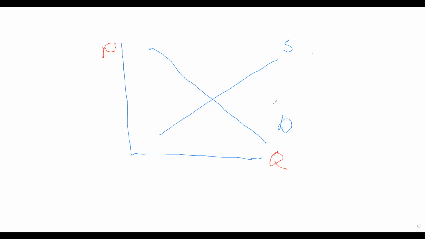So the demand for minivans will increase. At the same time, supply will not be directly affected. And the result will be a shift in the demand curve, which, as you can see from our graph, will result in a higher equilibrium price and higher equilibrium quantity.